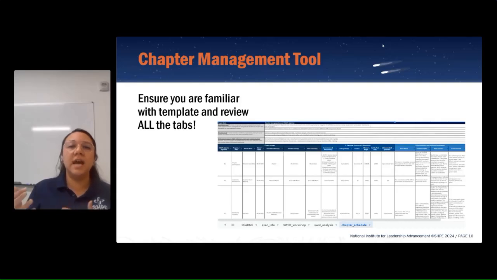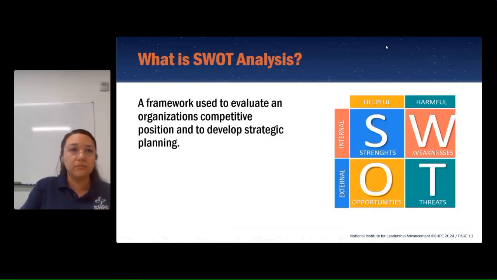It also has a tab for your chapter schedule. Here you will identify what your objectives are for the year and how those objectives fall under your chapter schedule. And we'll talk a little bit about how you develop that, where to start, and what kind of questions you should be asking yourself when not only filling out this template, but using it as a resource.